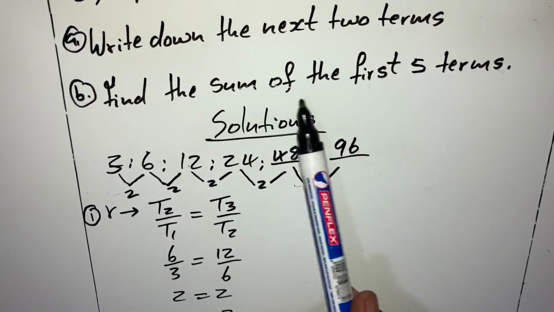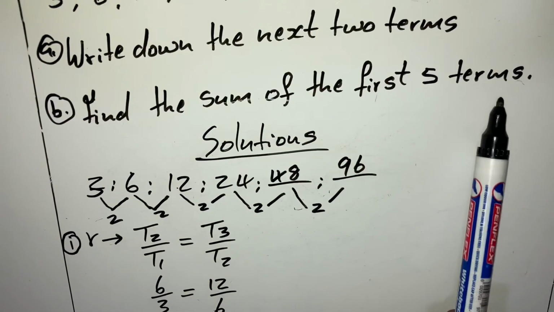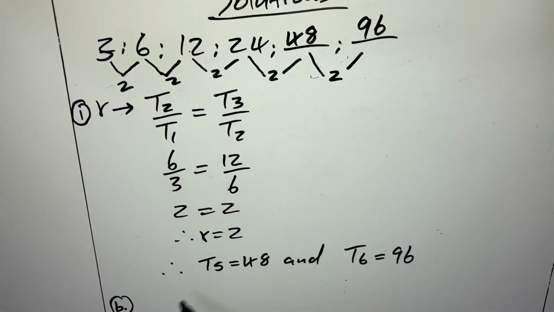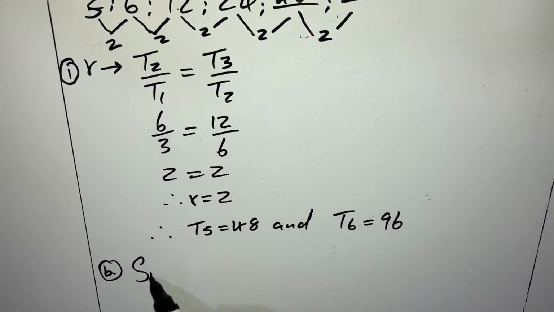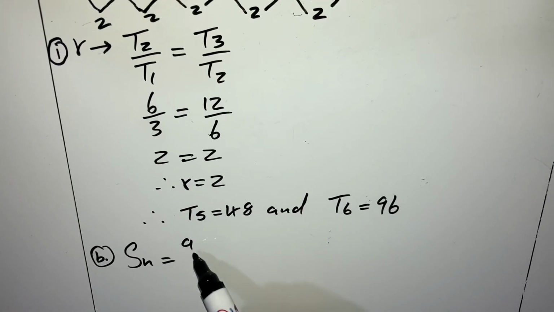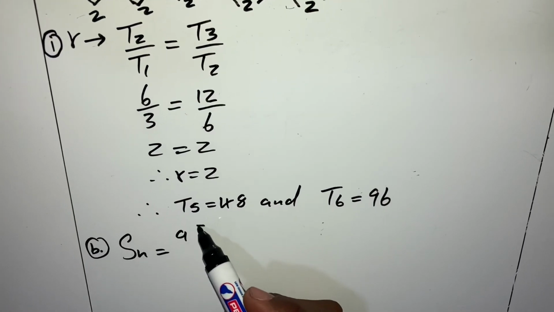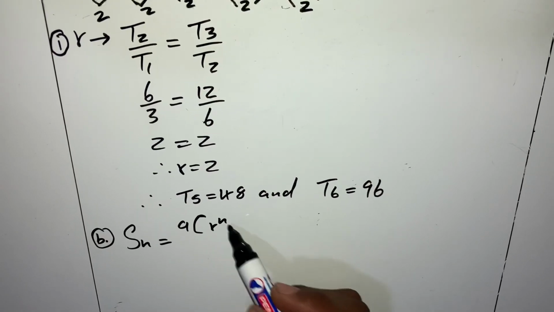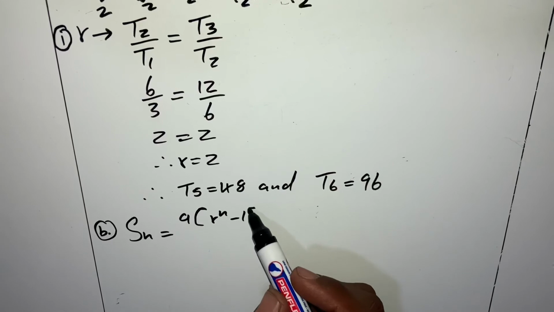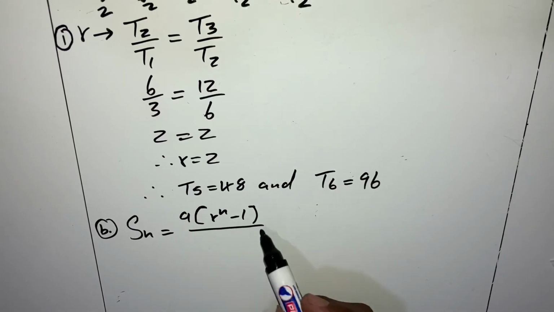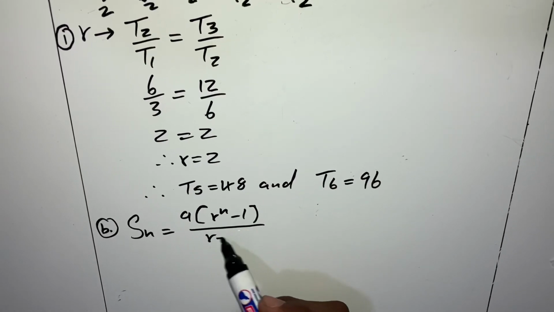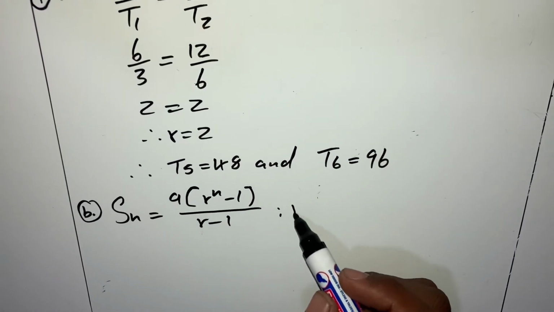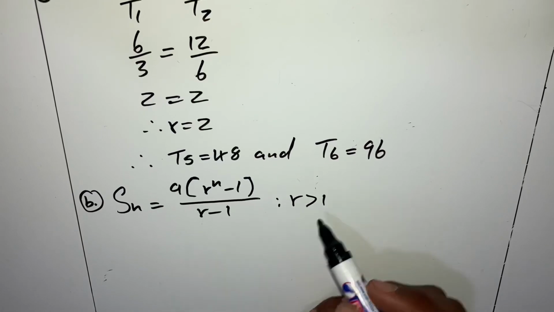Find the sum of the first 5 terms. So we need a sum formula. Our sum formula Sn is a times r to the n minus 1, all over r minus 1, on our condition that our r is greater than 1.